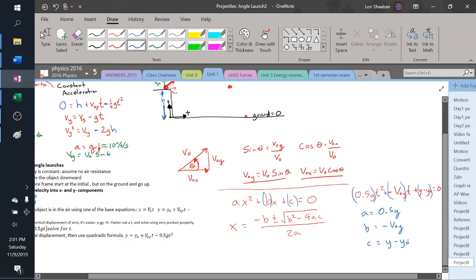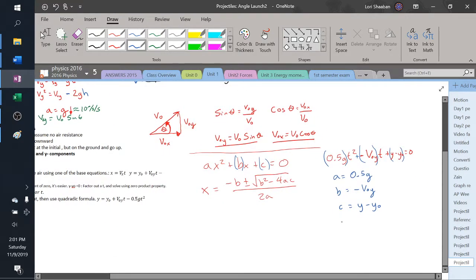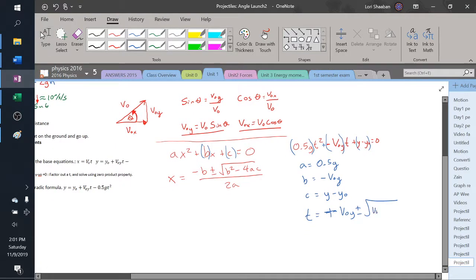And you can find out what the time is. So the time is equal to negative v naught y, so turn that into a positive, plus or minus the square root of v naught y squared minus 4 times 0.5 times g, that's the a, and then the c is the displacement, all over 2a.